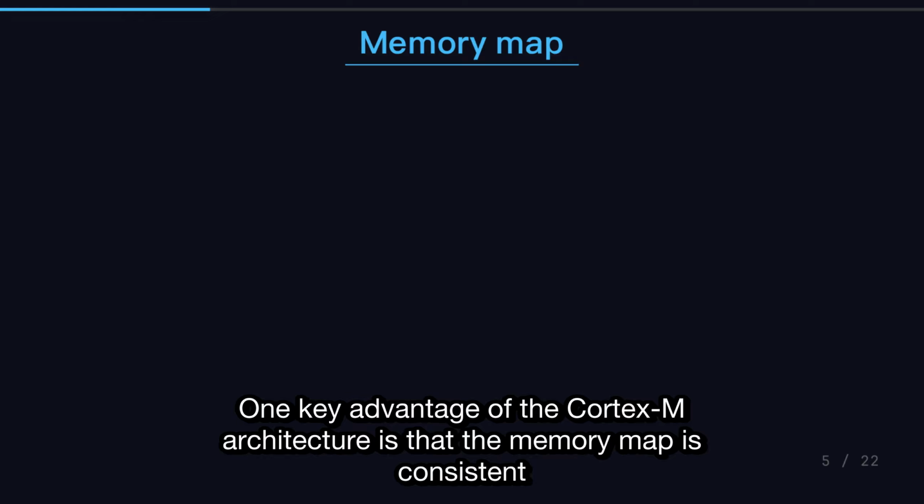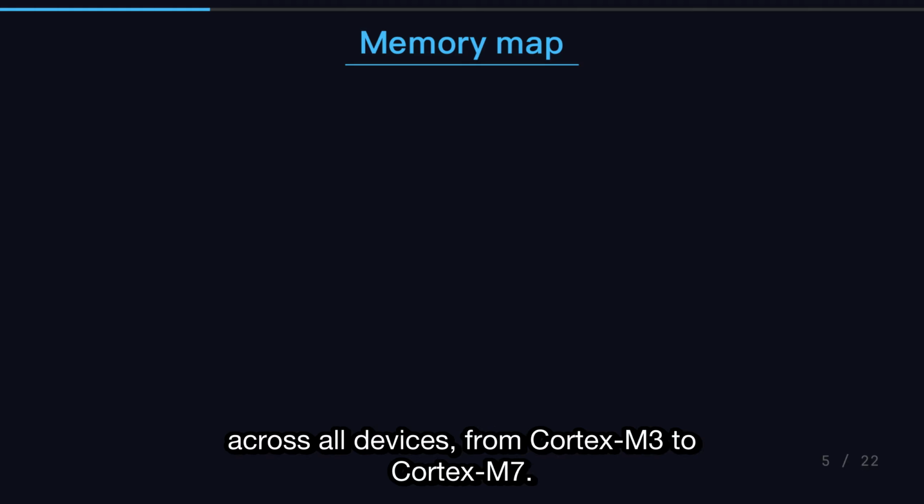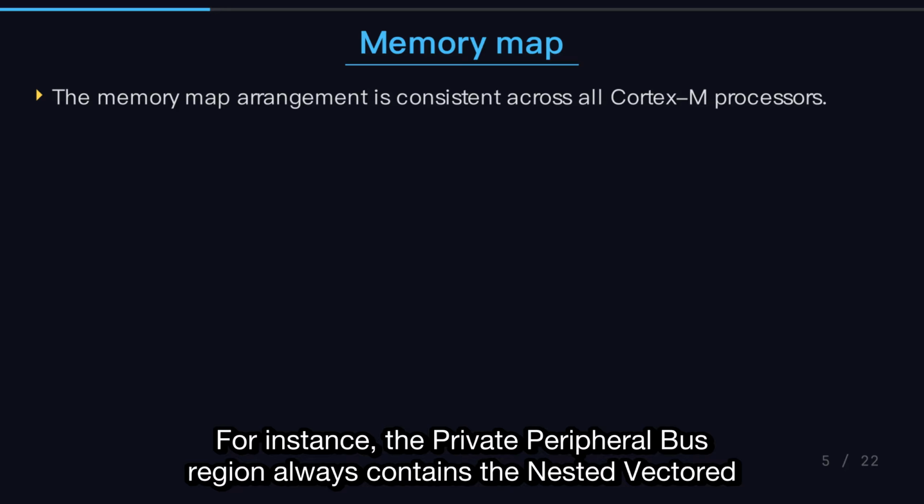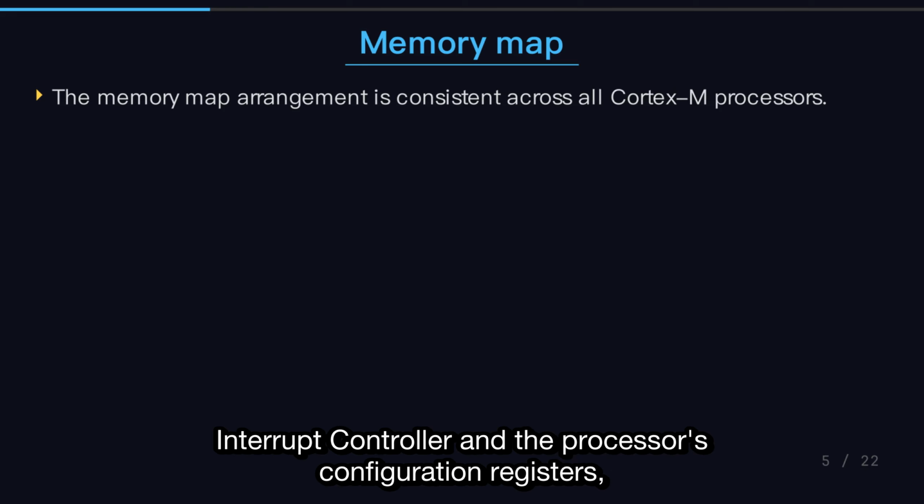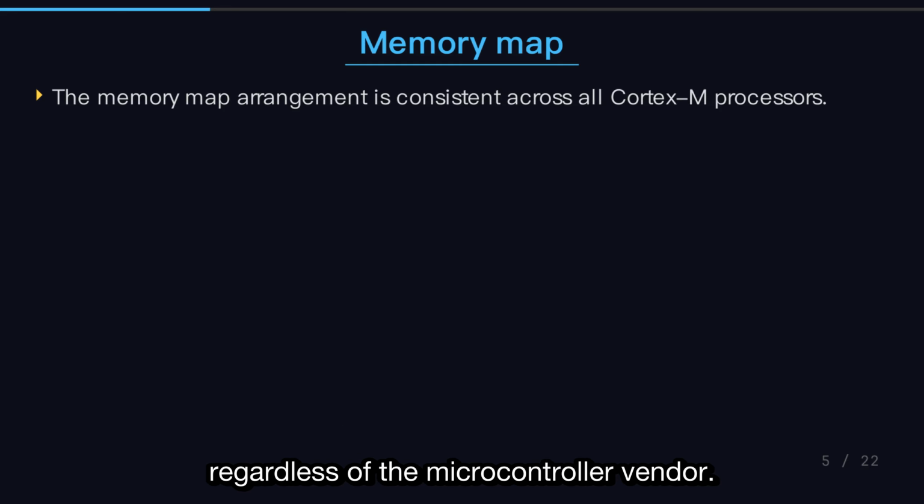One key advantage of the Cortex-M architecture is that the memory map is consistent across all devices, from Cortex-M3 to Cortex-M7. For instance, the private peripheral bus region always contains the nested vectored interrupt controller and the processor's configuration registers, regardless of the microcontroller vendor.